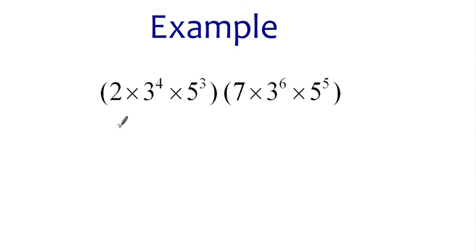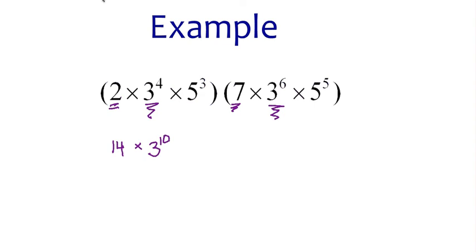Okay, finally, let's look at an example of how we can put that principle to work. So let's multiply 2 times 3 to the fourth power times 5 to the third power by 7 times 3 to the sixth power times 5 to the fifth power. The first thing to notice is that 2 groups of 7 makes 14. Second, 4 factors of 3 multiplied by 6 factors of 3 ought to produce 10 factors of 3.